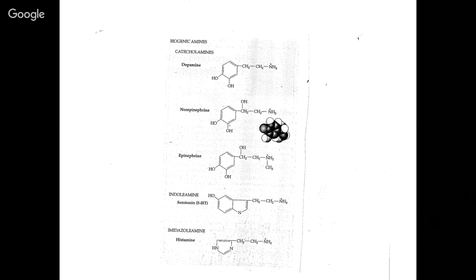These particular molecules are involved in a number of basic functions of the brain, but particularly psychiatric homeostasis, if you want. So dopamine, norepinephrine, epinephrine, as well as serotonin. These are huge targets for antidepressants and for Parkinson's disease, and the treatment of the same.